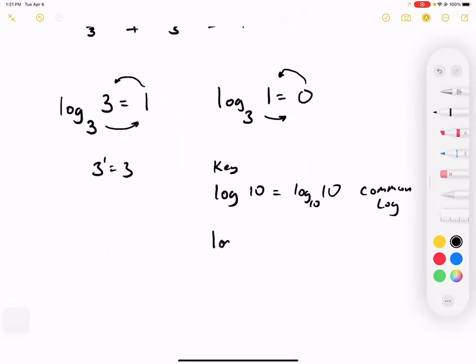If I write log base e of e, that is another way of saying natural log. ln is always base e. Whenever you take the natural log of e, that's just equal to 1, because e to the 1 exponent gives you back e. These are just some logs that we may not have seen before.